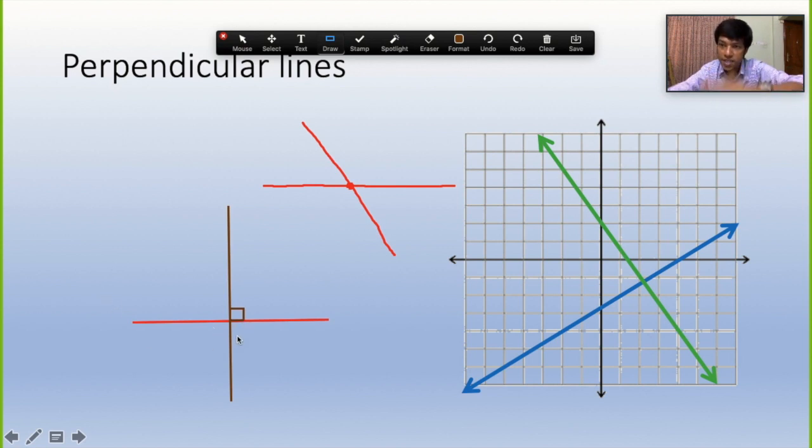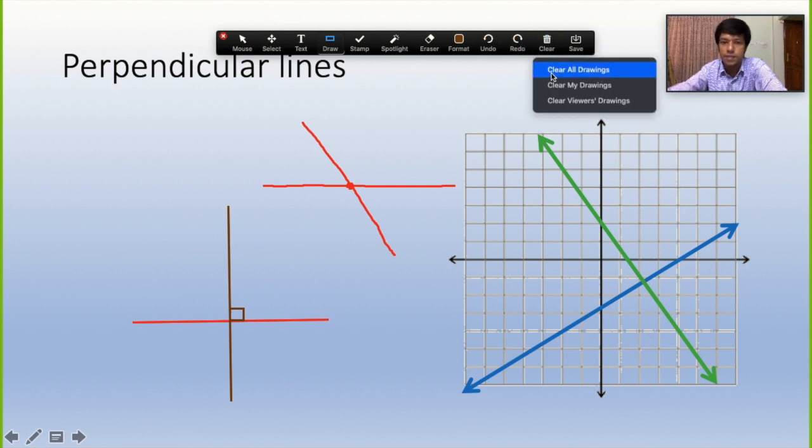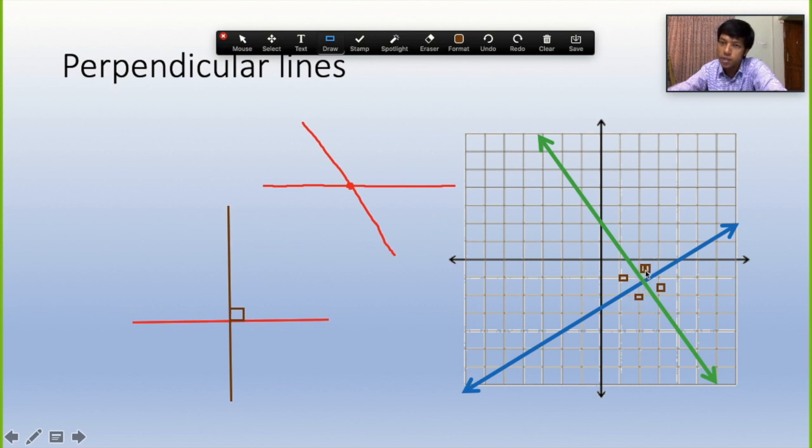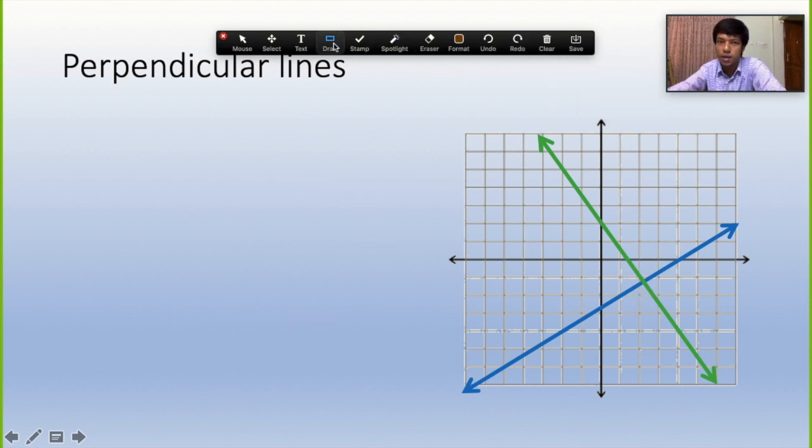If two lines intersect in such a way that at their intersection they make 90 degrees everywhere, then these two lines are perpendicular lines. You can see there is 90 degrees here, here, here, and here. If two lines are perpendicular, they will make 90 degrees everywhere. That's the thumb rule, kind of.